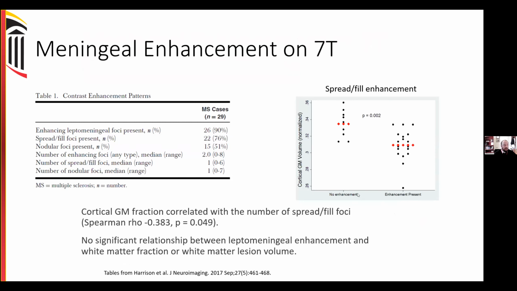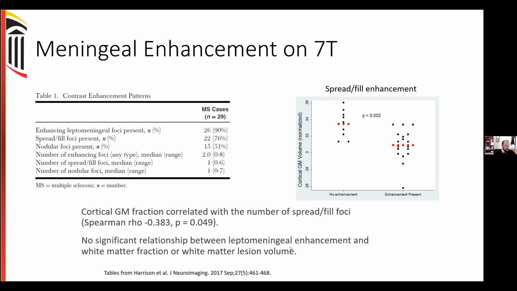If you take a look at the subjects who did have this type of enhancement compared to those who did not, you could find that with the spread fill type enhancement, patients who had that type of enhancement had a smaller cortical gray matter volume, indicating an association between the spread fill enhancement pattern and a more atrophic cortex. And there was a direct correlation between the gray matter fraction and spread fill foci.